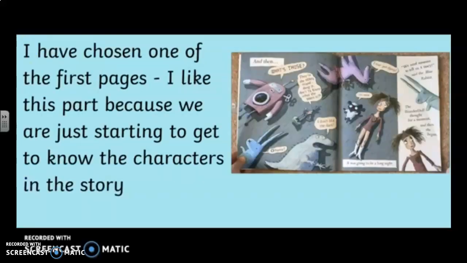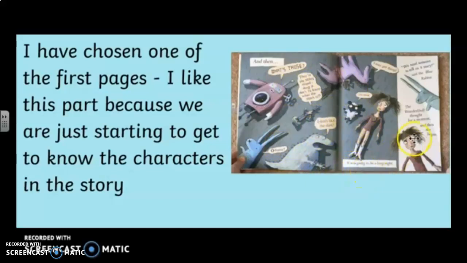Okay, so I've chosen one of the first pages for my comic strip. And I like this page because we're just starting to get to know who the characters in the story are. Now if we look at the picture of this page of the story, I can see there's lots of speech bubbles. I can see there's lots of different characters I can include.